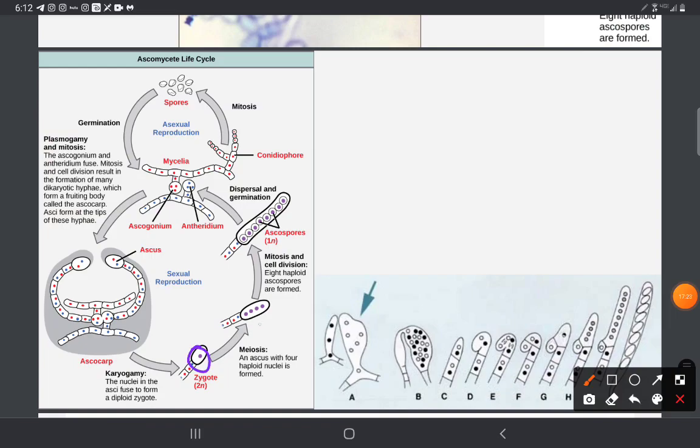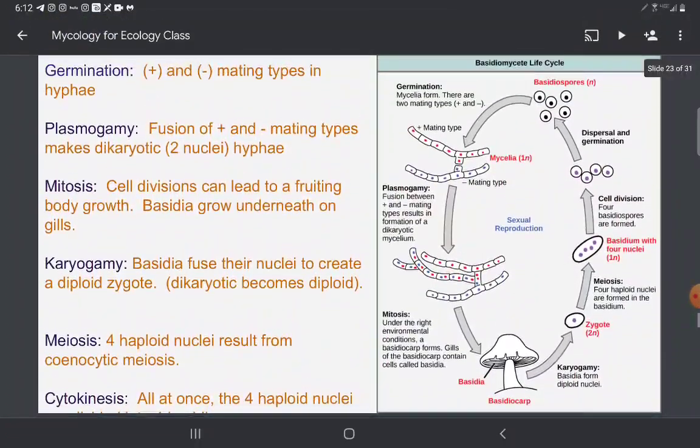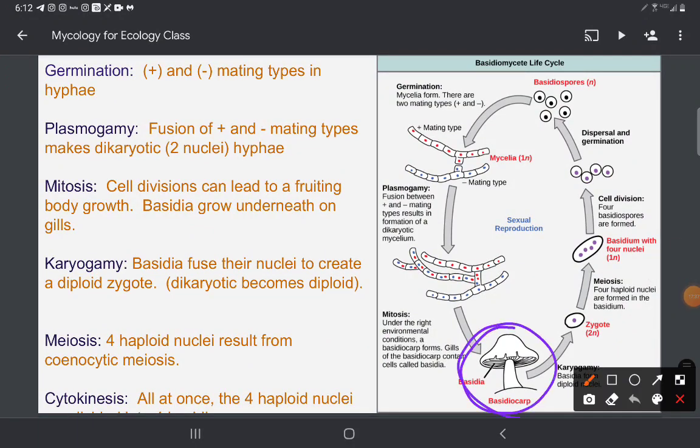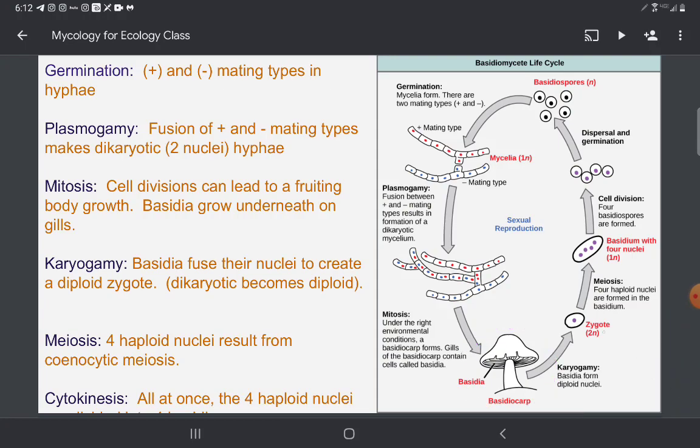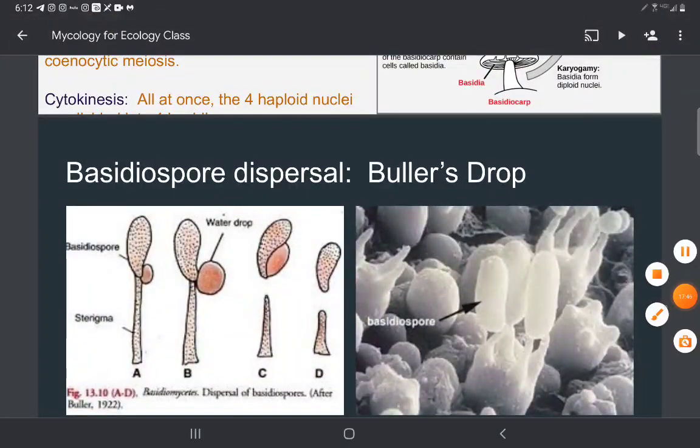We had this, and then it's not a big enough difference to really notice. So basically, the reproductive strategy is almost identical to Ascomycota. It just makes a different structure overall. So, yep. And it makes what's called a basidia spore.